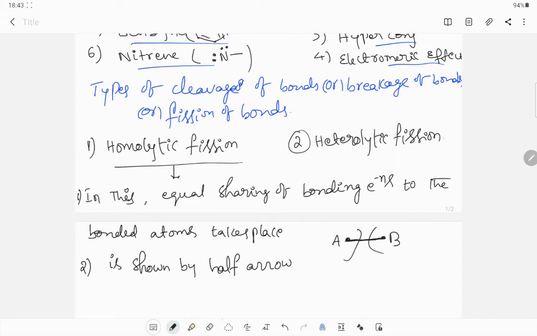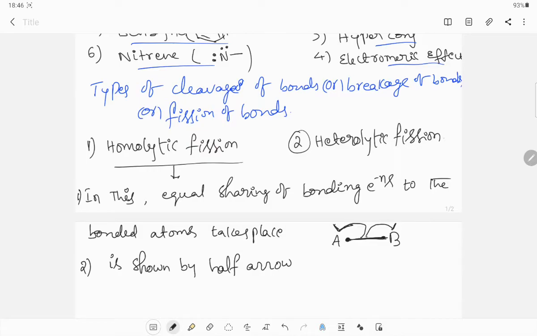See, how can we show that? Like this. This is the AB bond, with equal sharing of electrons to the bonded atoms, and this is shown by half arrows, not with full arrows. Homolytic fission means what? Its indication is what? The half arrow is the indication.